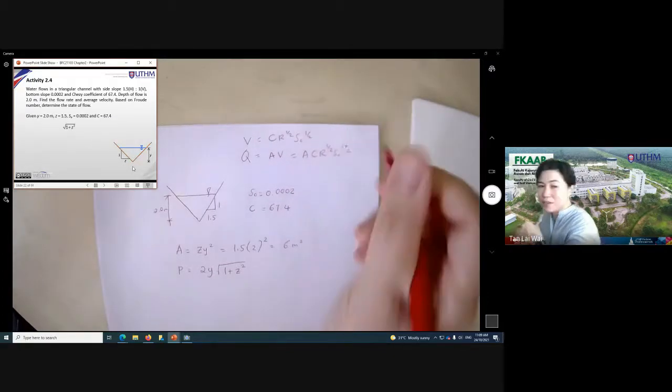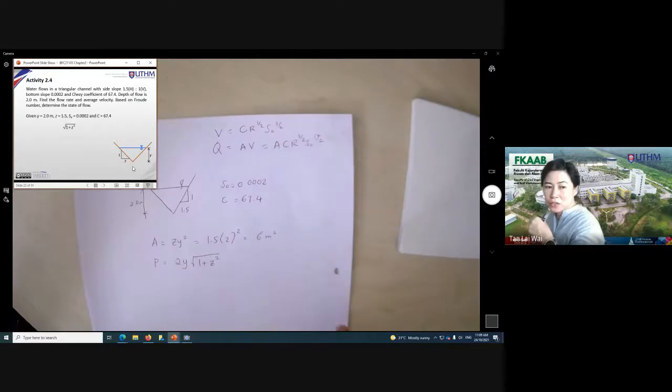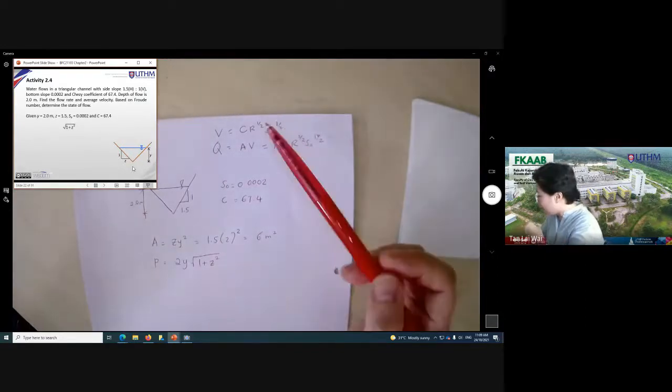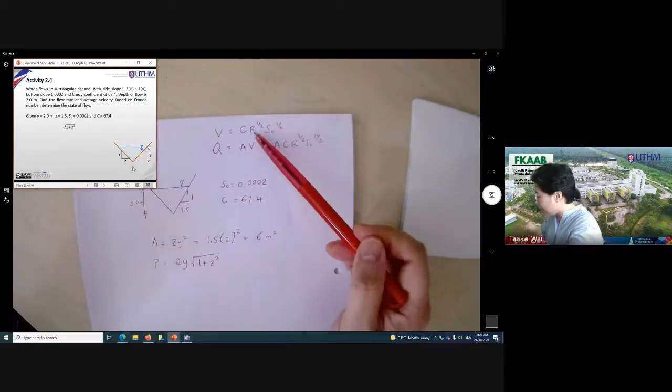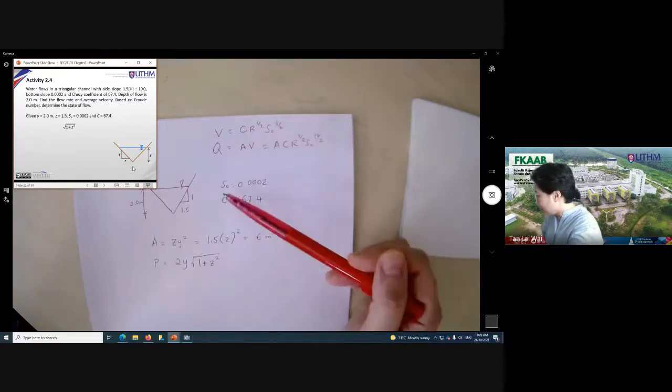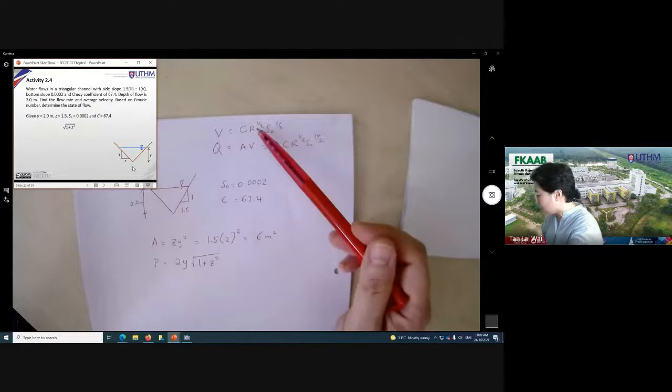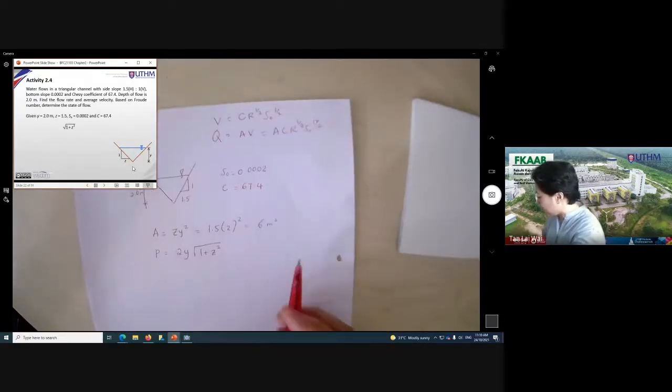This is my Chezy formula. So I need to find my hydraulic radius. C is given, S naught is given, so the only unknown is R. I can find it since Y is provided.